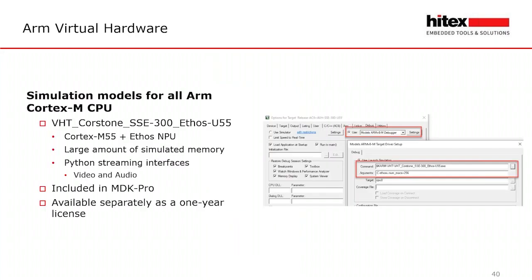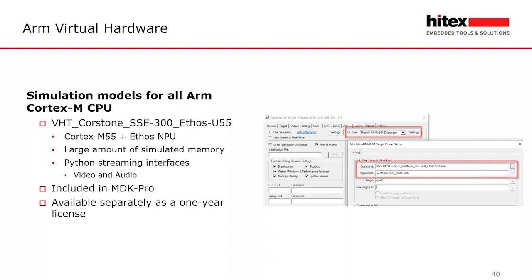Thank goodness. So at the moment, we can run all of that as a simulation model. Within MDK, we can select the ARM models, and then we can select the Corestone SSE 300. That gives us Cortex-M55 and Ethos U55. Planned a bit later this year, the model will also be able to accept streaming interfaces for audio and video.